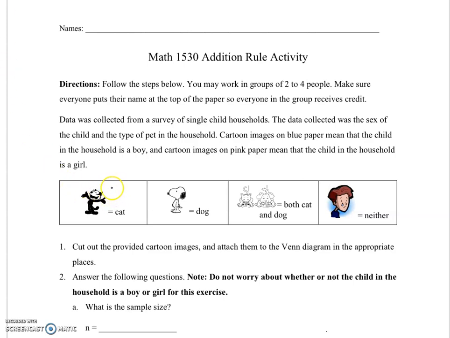But what I'm going to do is, instead of using the cutouts, I'm going to use a blue C. So blue C means cat in a boy household, with a boy child anyway.